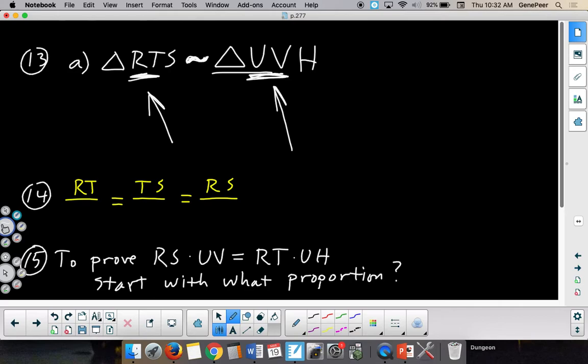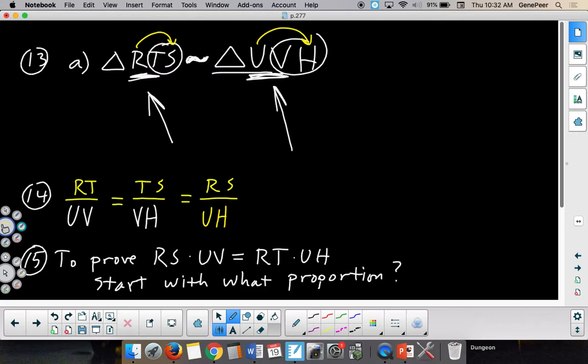So RT over UV must equal TS over VH, and the last one, RS, first guy and last guy, must be equal to UH, first guy over last guy. Corresponding parts simply matching up. And that's all there was to number 14? Yep, that's all there was to number 14.